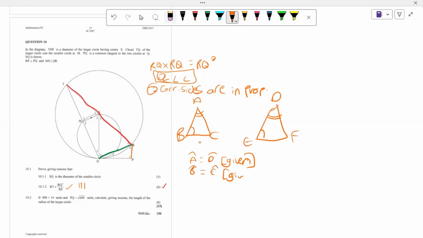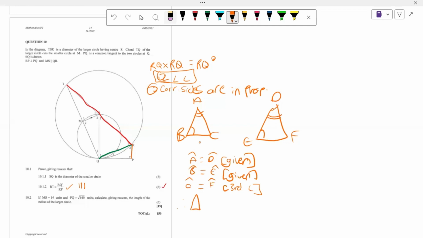But lastly, I'm going to say C is equal to F. What will be my reason for saying that? Sum of angles in a triangle.